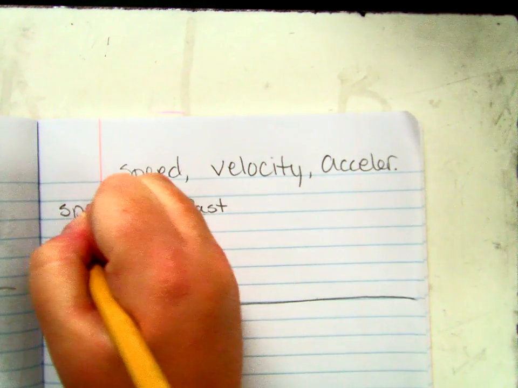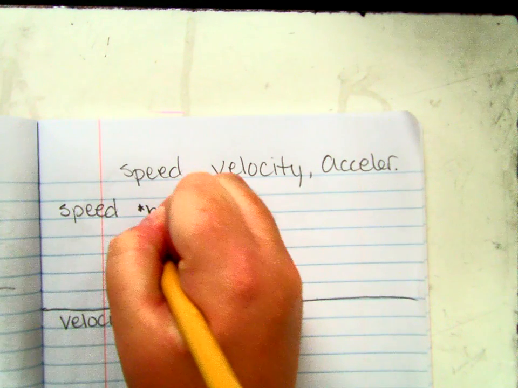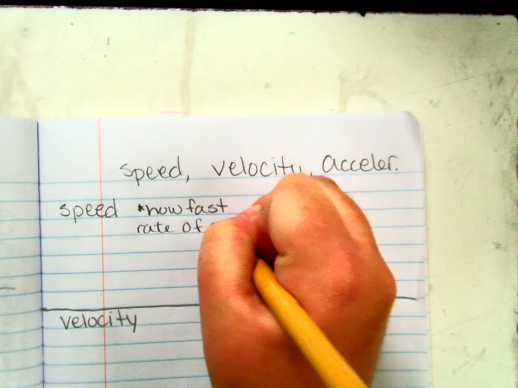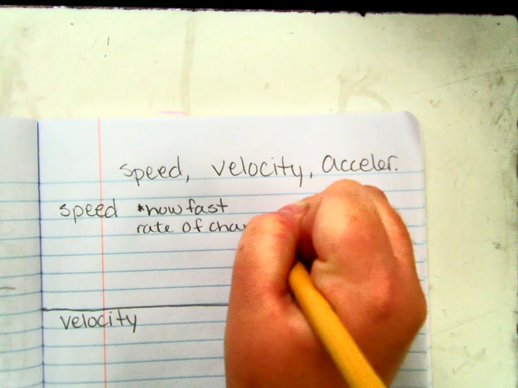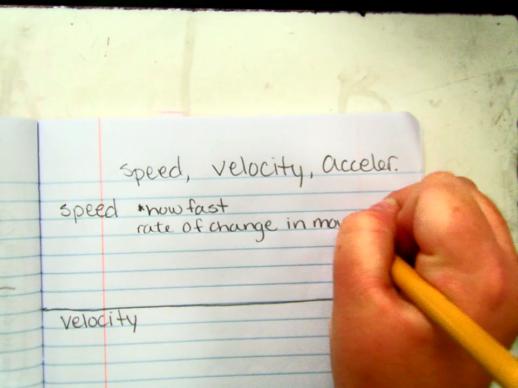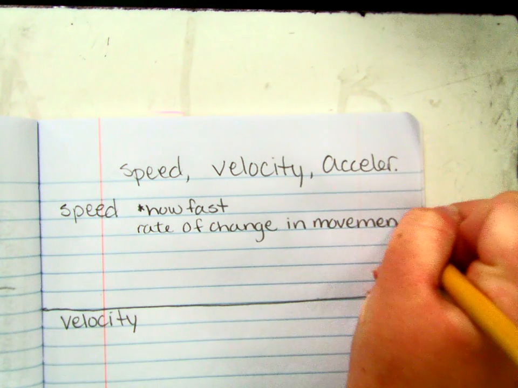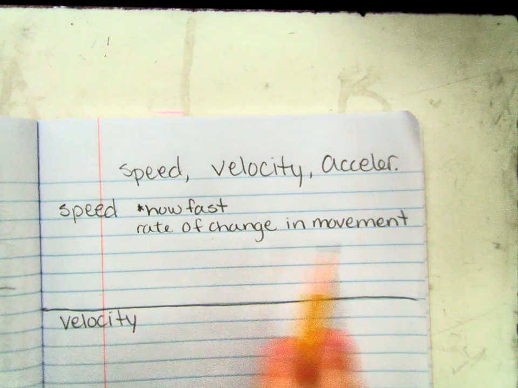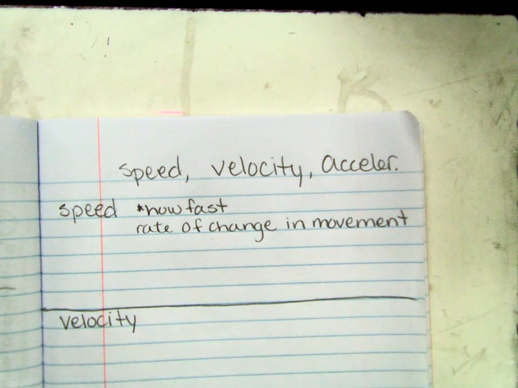So let's write that right here underneath speed: rate of change in movement. So basically that's telling me how quickly does something change when it's in motion.